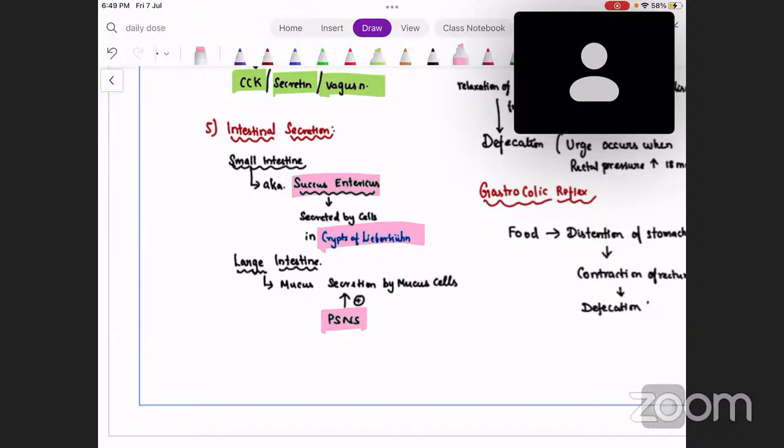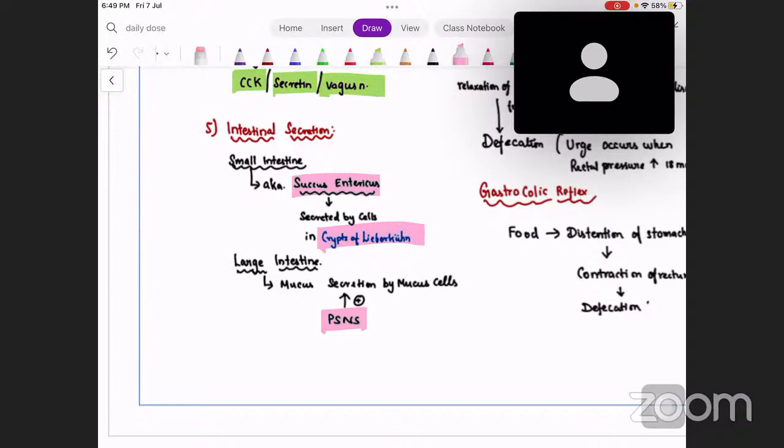Now, pancreatic secretion: the mechanism is similar to gastric acid secretion, except instead of potassium, sodium will be exchanged for H plus. Regulation is by secretin and cholecystokinin. The inactive form of enzymes in the pancreas is also known as what?